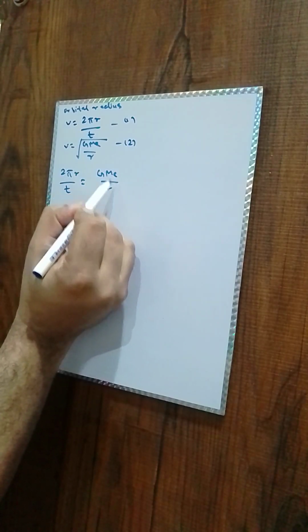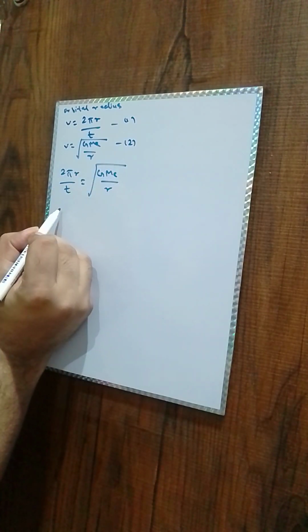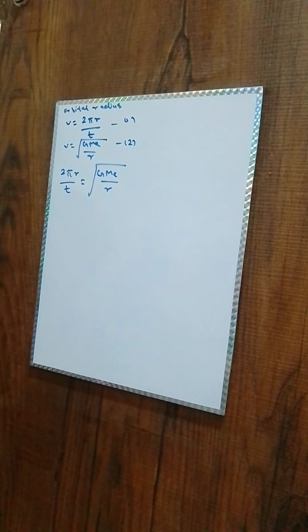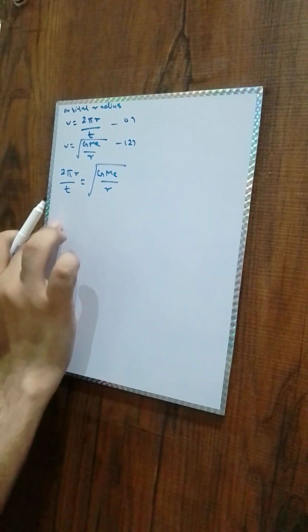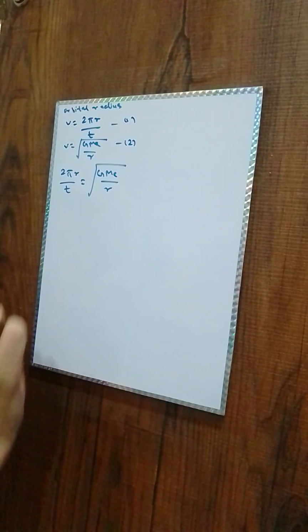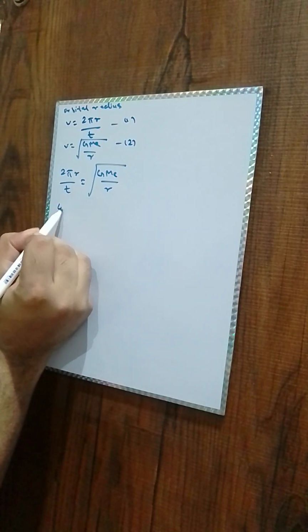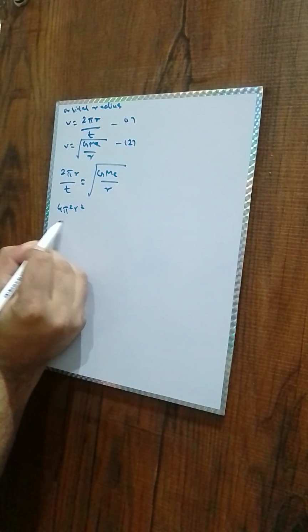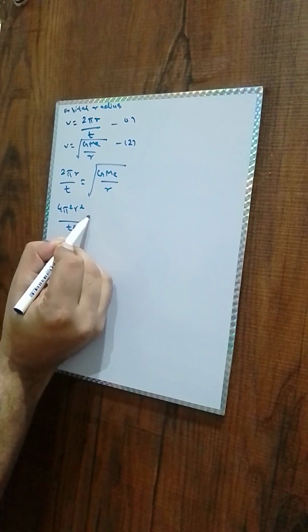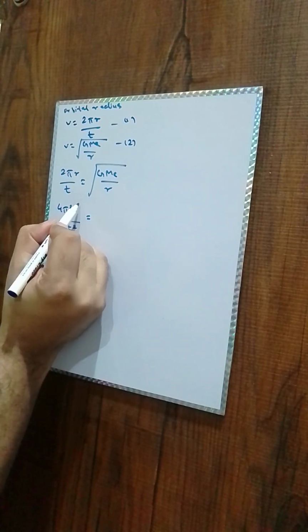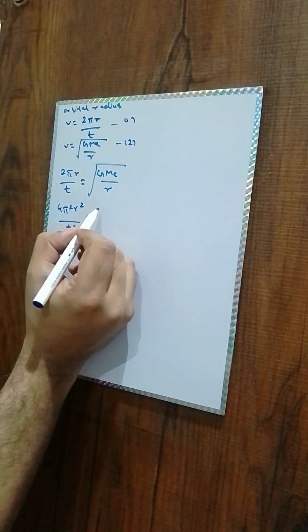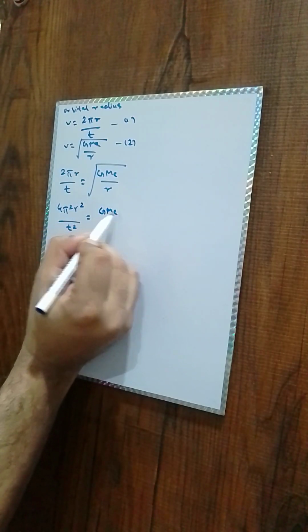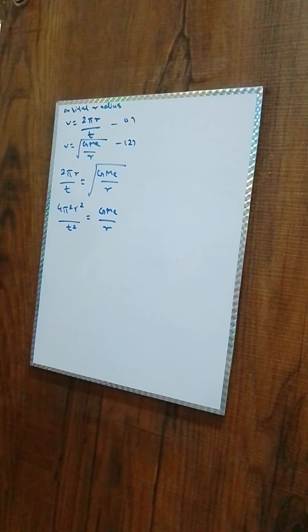2 pi r by t is equal to gme by r under the root. So squaring both sides, to get rid of the square root, 4 pi square r square by t square is equal to gme by r.